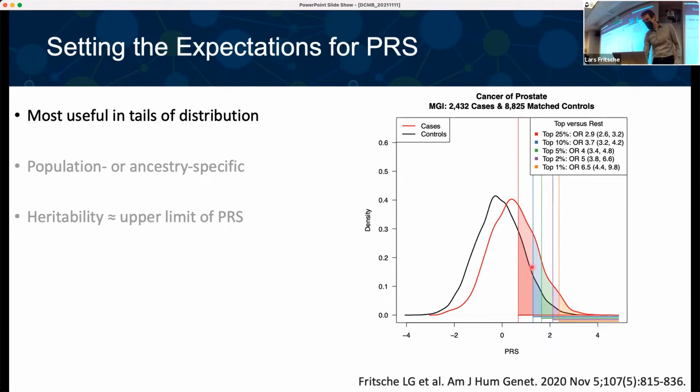But when you look at the tail here, you can see there's an enrichment of cases. That's also shown here by the odds ratios. When you compare the top 25 versus the bottom 75, we get an odds ratio of 3. In this case, this is prostate cancer, meaning that those PRS allow you to identify a subset of a population that is at higher risk for developing a disease.